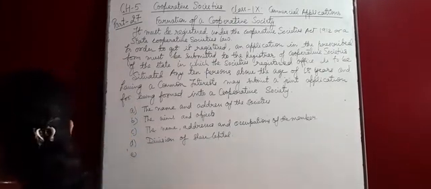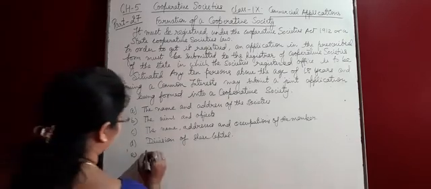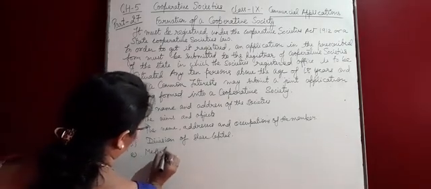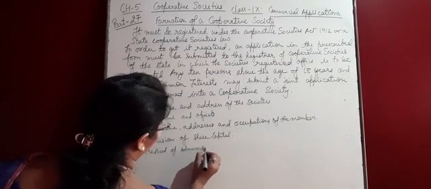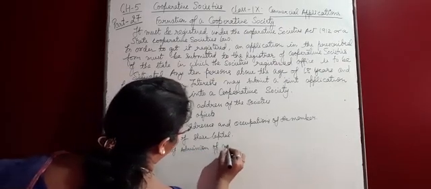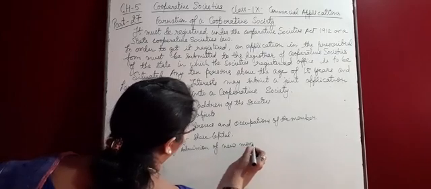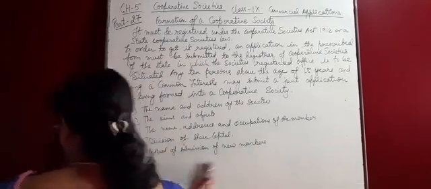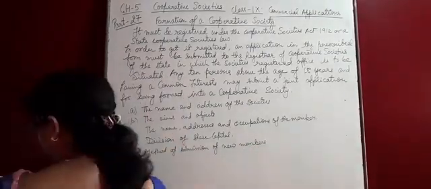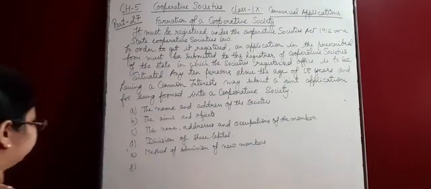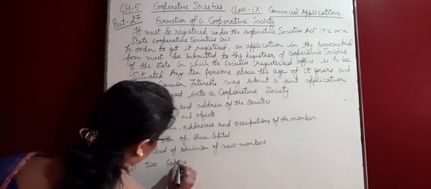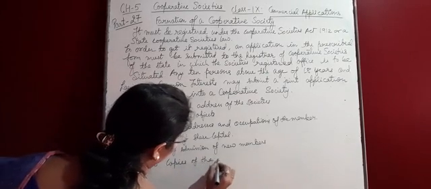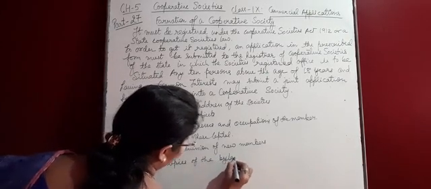The next point is the method of admission of new members. The next point is 2 copies of the bylaws.